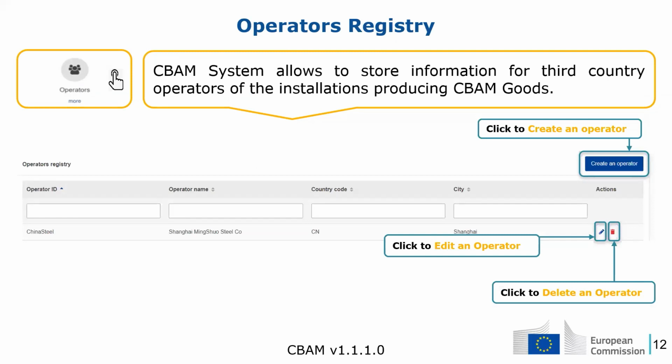So this is a slide for the operators registry. The CBAM system allows to store information for third country operators of the installation producing CBAM goods. So it is possible to create an operator, to edit an operator, or to delete a record of an operator.